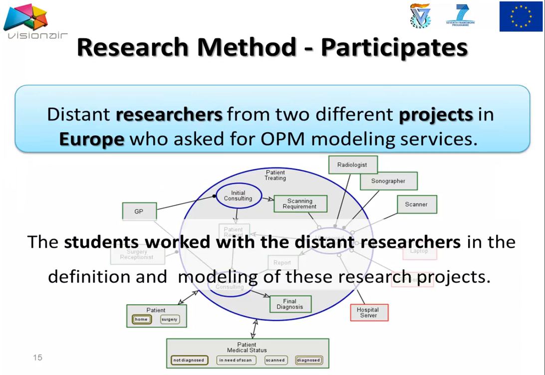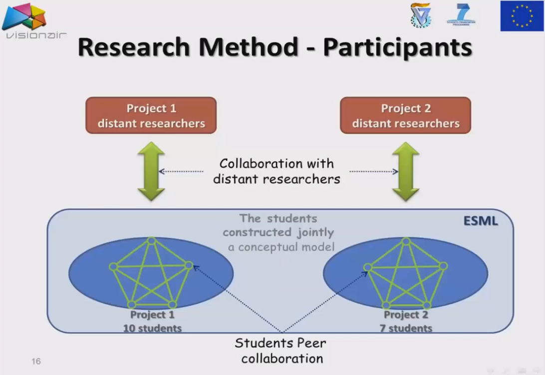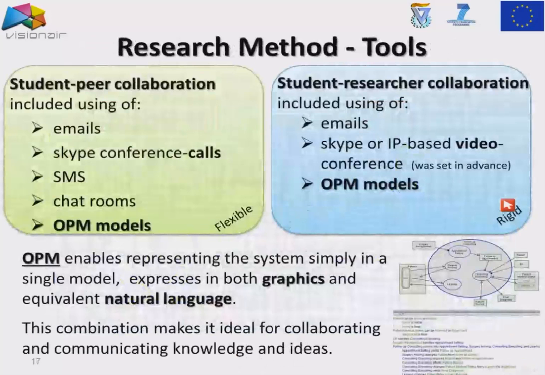As you can see in the slide, we have the groups of students down the slide who collaborate with distant researchers. We have two types of collaboration: between the peers and with the distant researchers.